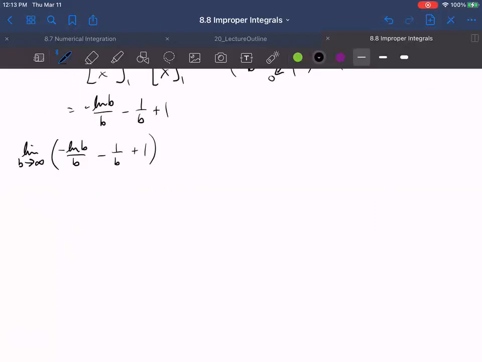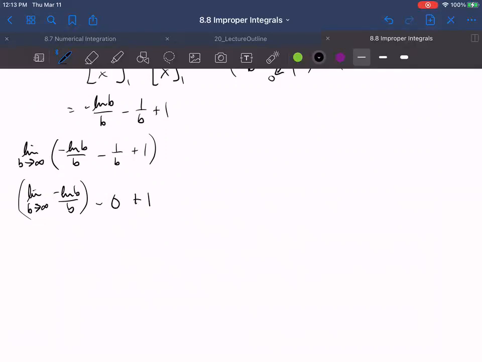And so we can do the limit of 1 over b pretty easily. What's that? Yep, that's going to be 0. And the limit of 1 is just 1, right? But we still have the limit as b goes to infinity of negative natural log of b over b. We still have that one. And if we look at that one, what happens? What's the limit of the natural log of b as b goes to infinity?